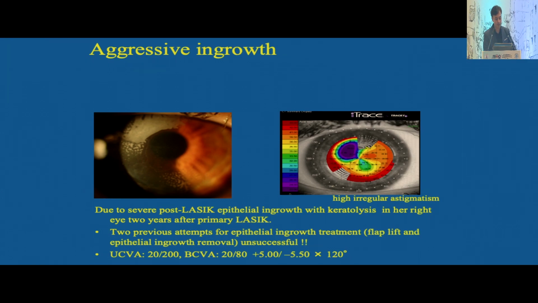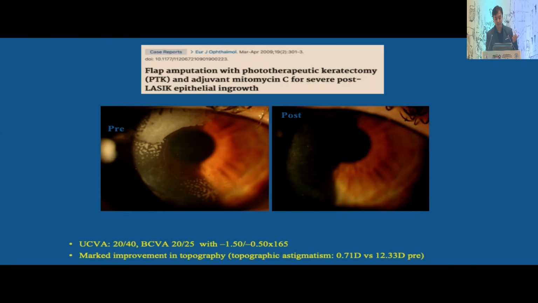This was a hyperopic patient, and you can see there was a very high irregular astigmatism induced because of the same. There was no way that we could do a flap lift and epithelial ingrowth removal because there was a flap melt in place, and we had to debride this epithelial flap.